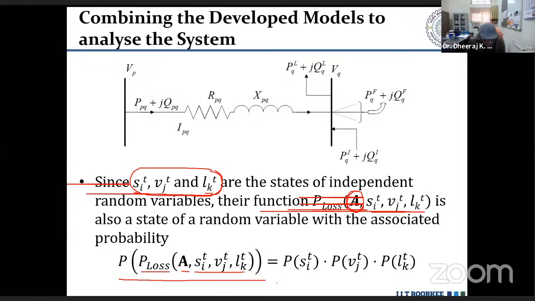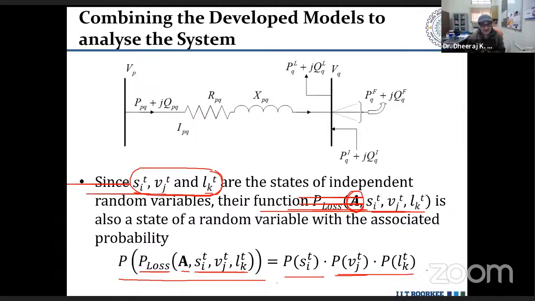The probability of occurring of this much power loss corresponding to these random variables is equal to the multiplication of probability of individual random variables.